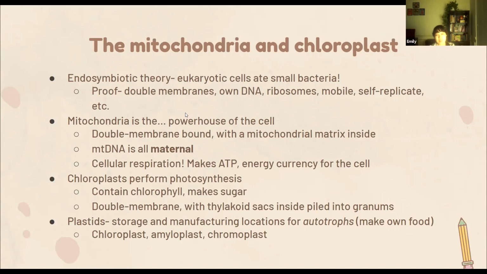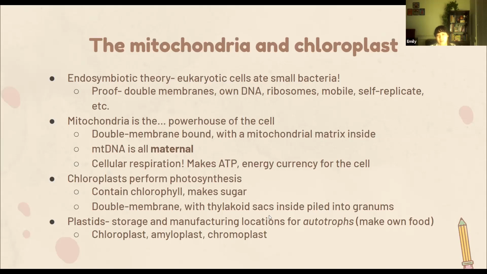Also, all mitochondrial DNA is from the mother, because the only thing you get from your dad when you are a zygote, a fertilized egg, is the nucleus. So all of the DNA in mitochondria is maternal.